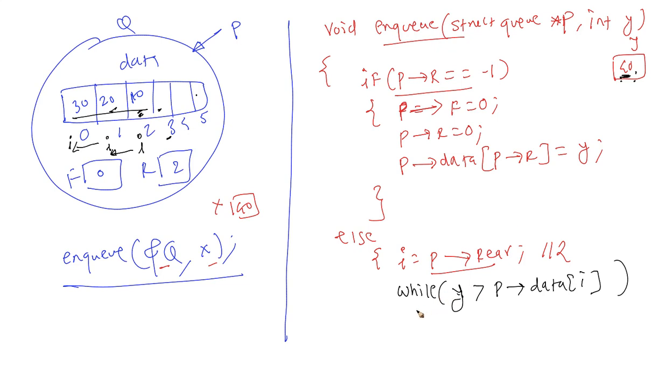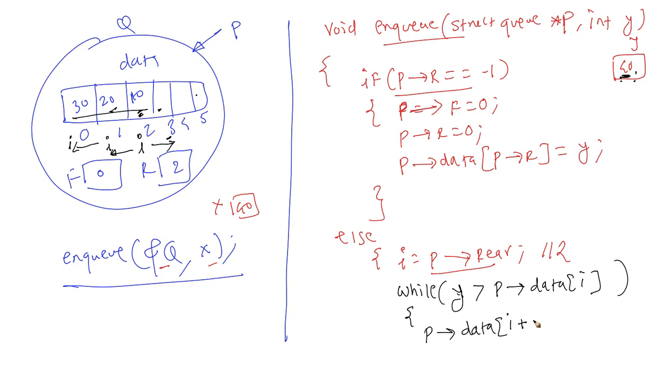So what shifting am I doing? Data of I plus 1 is equal to data of I. So p arrow data of I plus 1, right? Of course, this I plus 1 should also be in circular fashion, because we are going in this direction. I plus 1 is in this direction.